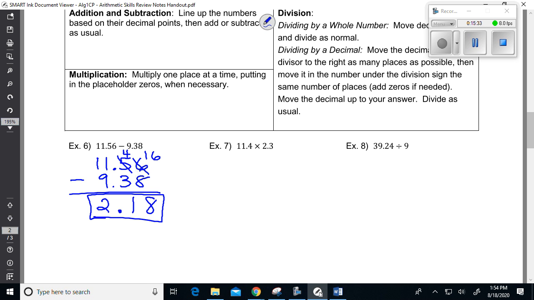Example 7. Multiplying 11.4 times 2.3. So notice that I put 11.4 on top and 2.3 at the bottom. 11.4 has 3 numbers, 2.3 has 2 numbers.